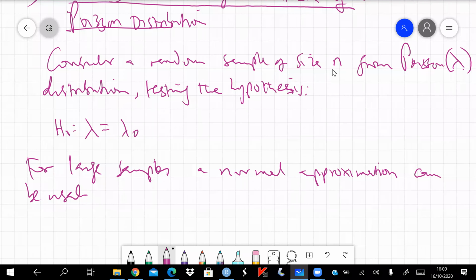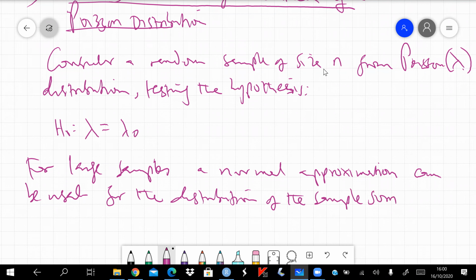When the samples are larger, a normal approximation can be used for the distribution of the sample sum or sample mean.